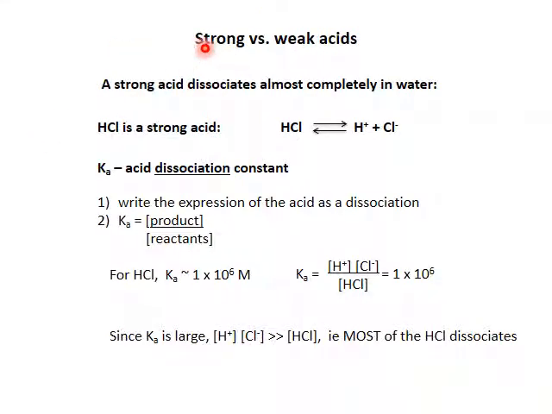So we mentioned strong and weak acids before. A strong acid dissociates almost completely. Nothing's 100% complete in any biological system or any type of chemical equilibrium environment.